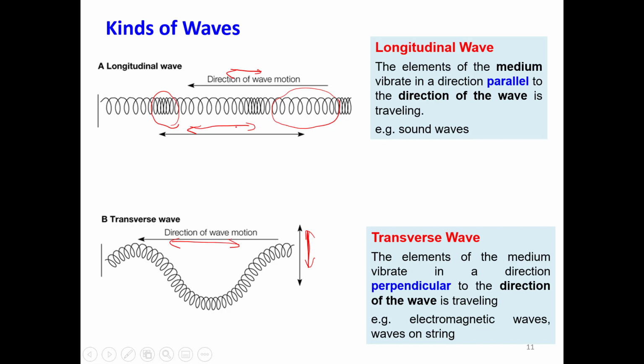If we put some mark here, like a particle of the spring, this particle is not going to travel, it is just going to vibrate like that, in this direction. What travels through the spring is the wave. It's not the particle of the spring, it's just the wave.